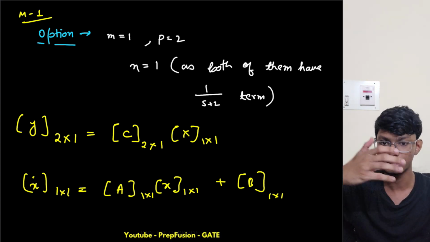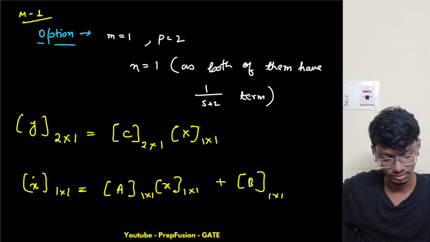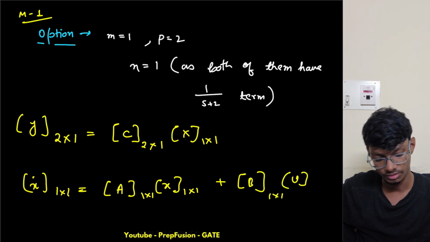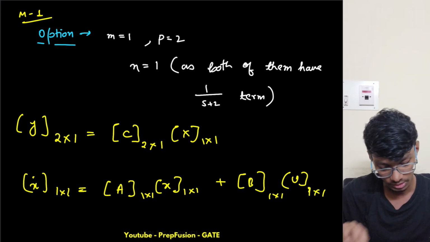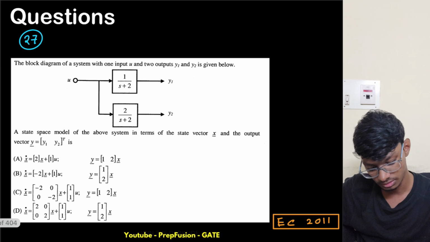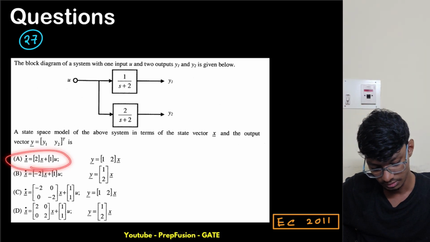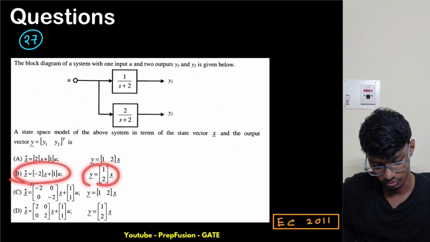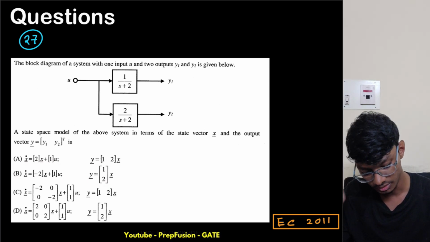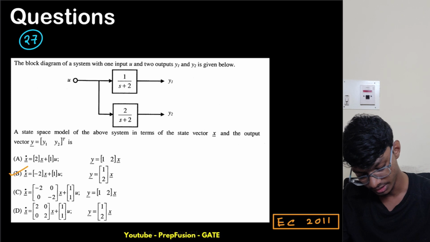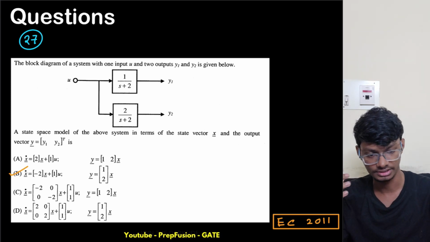Now n and m both are 1, so it becomes 1 cross 1, and this is u. U is m cross 1, so it is 1 cross 1. So everything is 1 cross 1 here, and this is 2 cross 1. From here I can eliminate the options and I will get my answer as B.